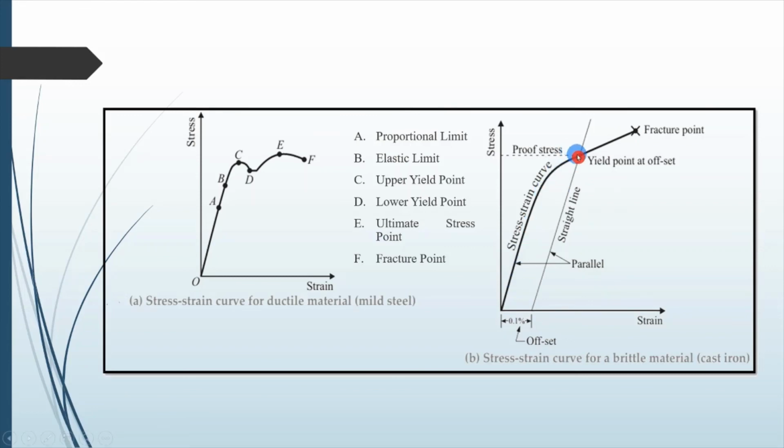This point is important for brittle material, and for ductile material the yield point will be important because we are going to design many components on yield point stress only. So in this way we can see the important points on the stress strain curve for ductile as well as brittle material.